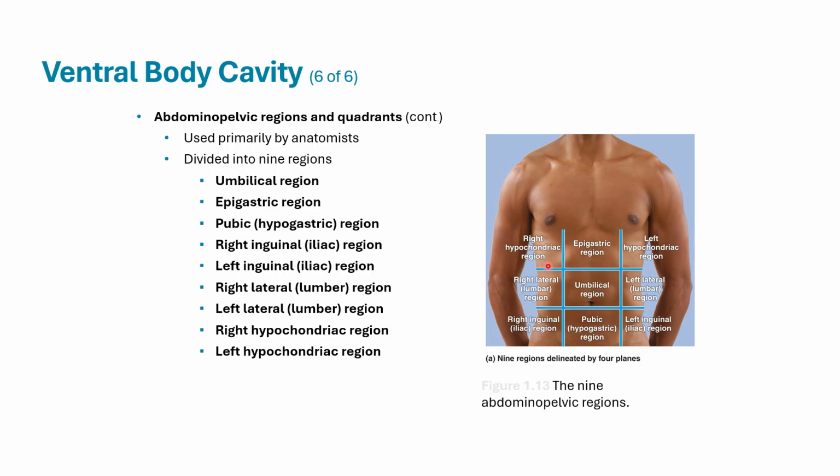Okay, so above the superior transverse plane, we have 3 abdominopelvic regions. It is the right hypochondriac region, the epigastric region, and the left hypochondriac region.